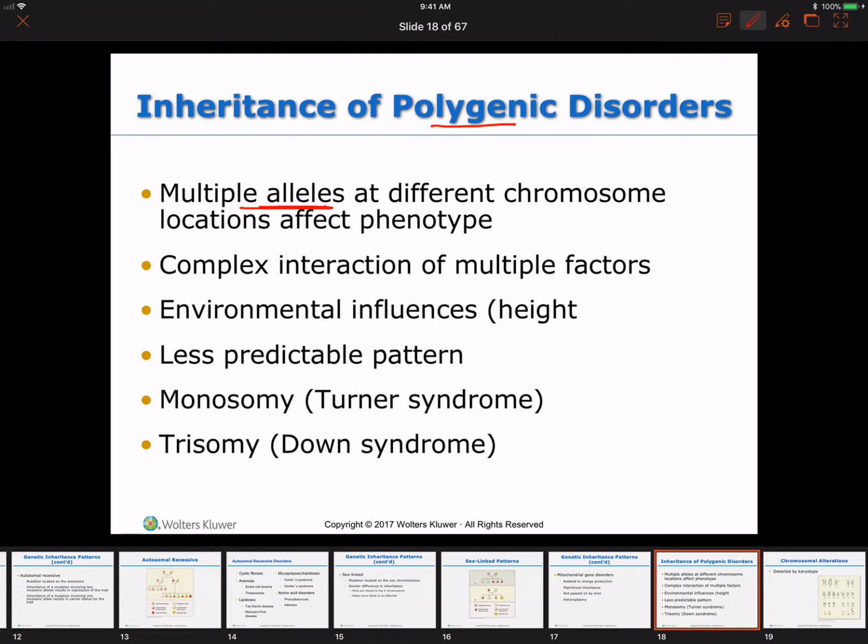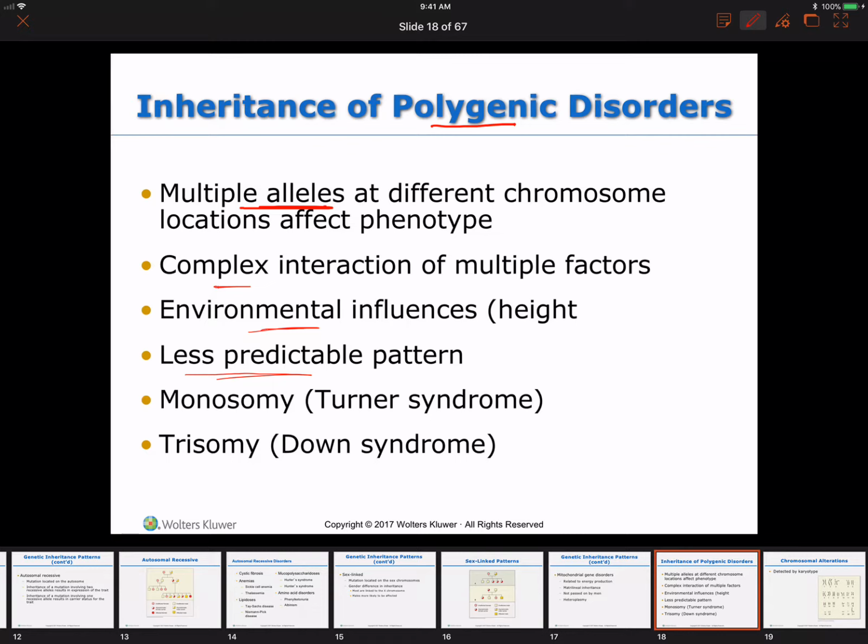They could be on different chromosomes, different locations, and we see a phenotype change, an expression based on the mutation that gets passed on. This is a fairly complex form of interaction between multiple factors. It could be environmental factors. So because of the complexity of what could result in a problem, it becomes really hard to predict what sort of issues we can see.